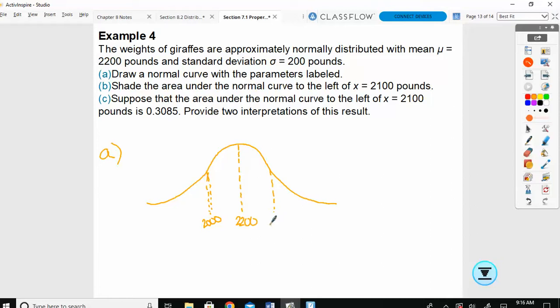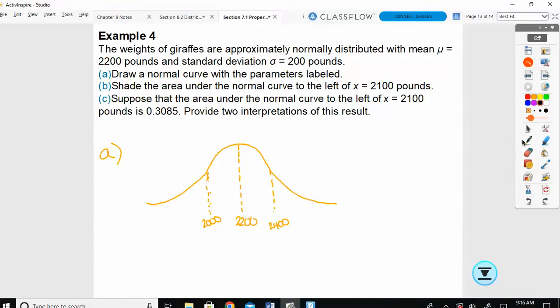You have to do your mean minus 200, and then this one would be your mean plus 200. So that's part A. I ask you to draw the graph.